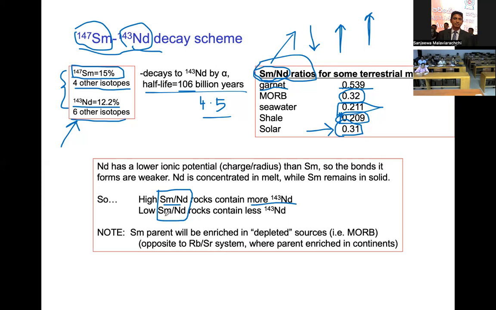And if you have a low samarium neodymium ratio in a rock, with time it will evolve to a less radiogenic neodymium isotopic composition, right? So this is exactly opposite to the rubidium strontium system, because here the parent daughter behavior is different from the rubidium strontium parent daughter behavior.